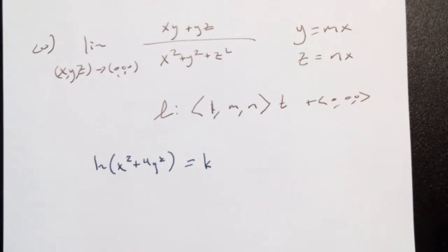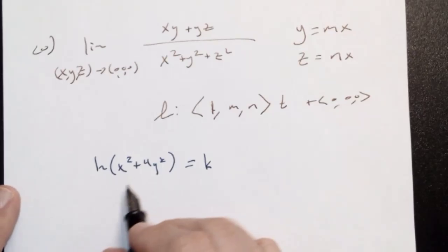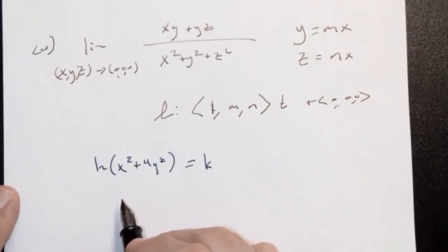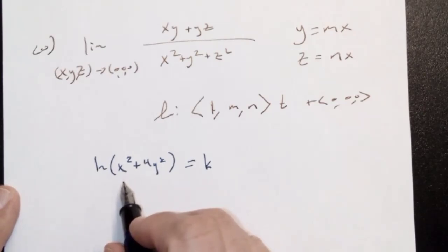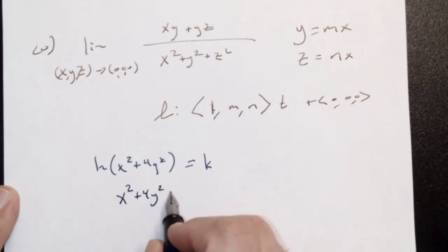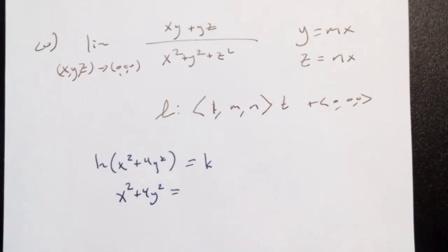How do you get rid of an ln? I don't want to do calculus. So algebraically, how do I get rid of an ln in an equation?